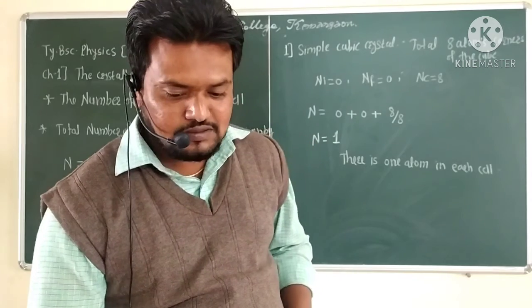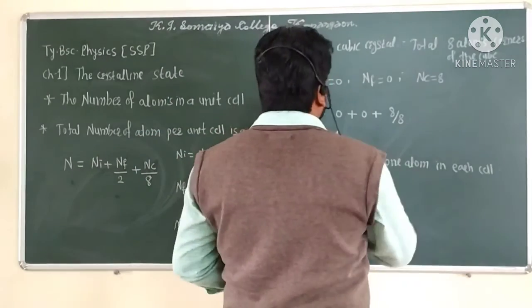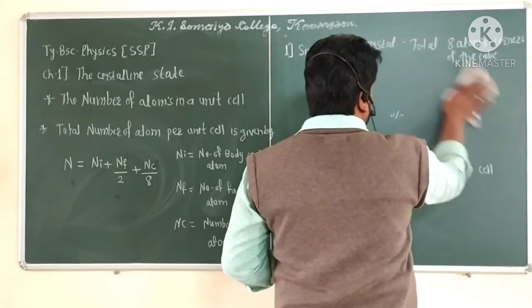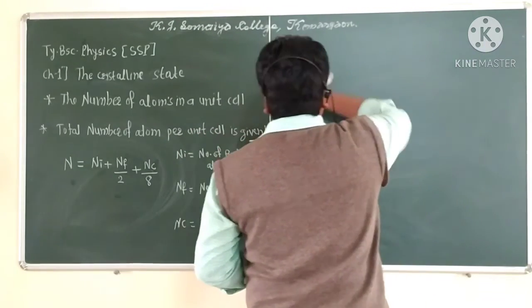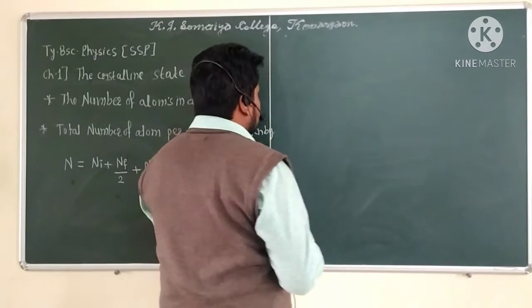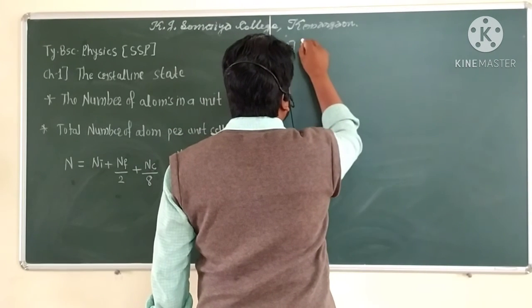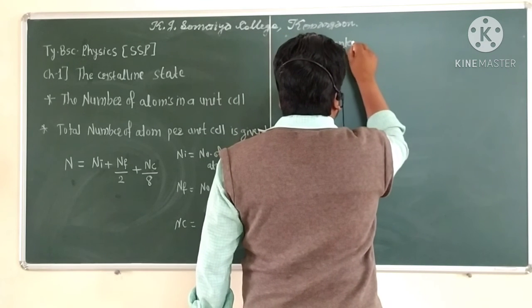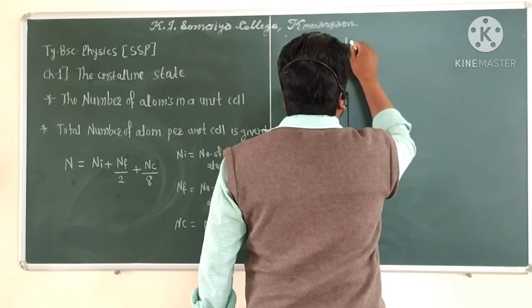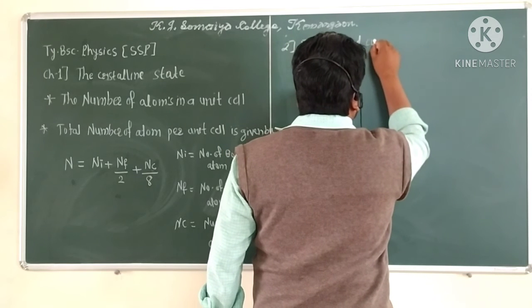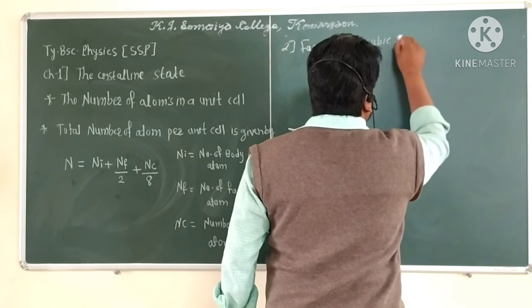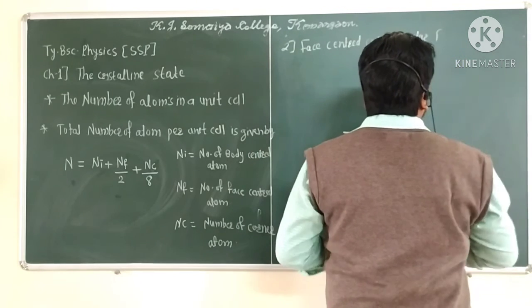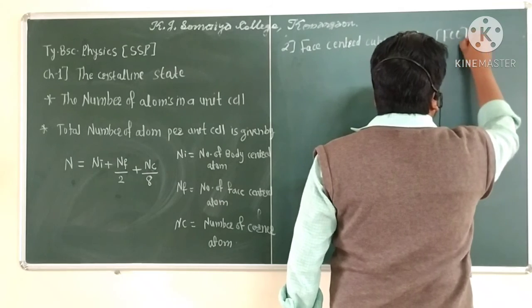Next type is considered as the body centered cubic structure or face centered cubic structure. So the second point is the face centered cubic structure, which is considered as the FCC structure.